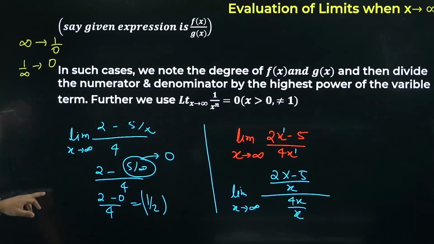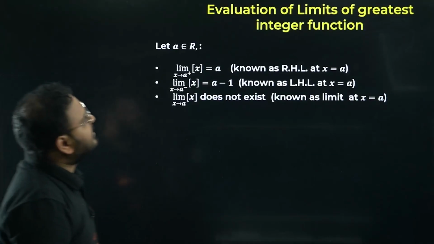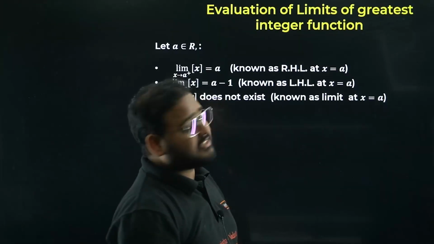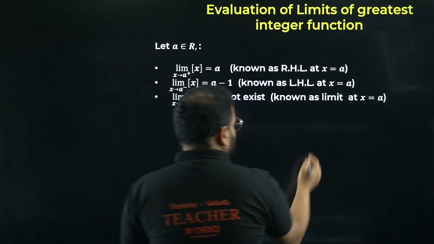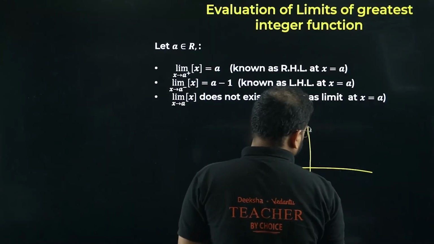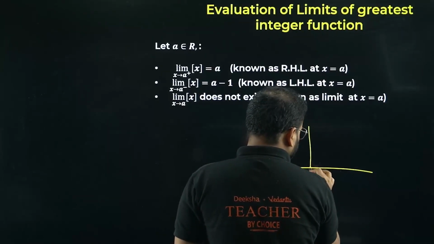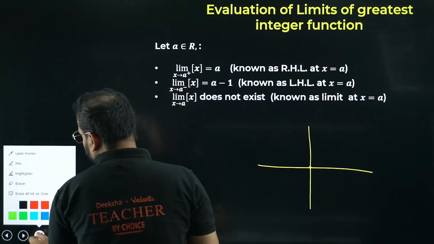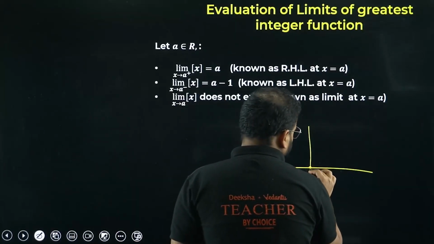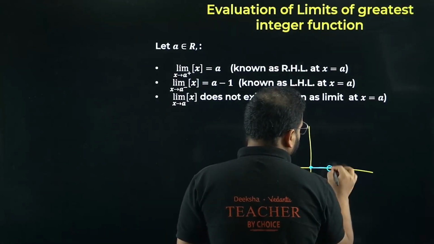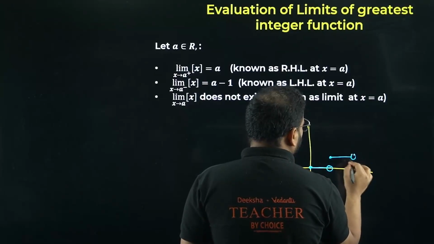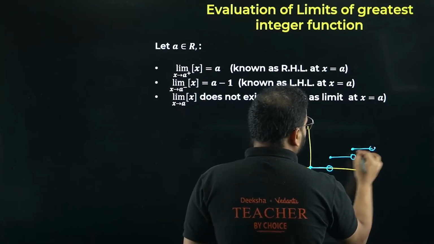Done. What do we have next? Evaluation of the limits of the greatest integer function. Think about it. Look at the function that we have. We have here 0, and 1, 2, 3, with open, closed, open, closed, open, like this.